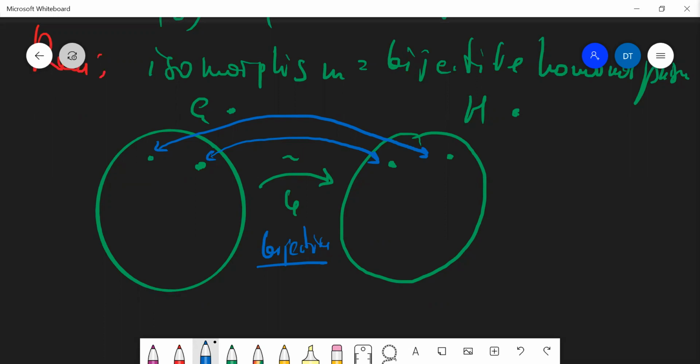What does it mean? It means that if you're given two elements here, let's say A and B, you may produce their product using the rule for the group G, and you will get some element A times B. And now this element is in one-to-one correspondence with some other element here in the group H. And the fact that phi is also a homomorphism means that if you multiply these two guys, which correspond to the initial elements, you will get the same element here.